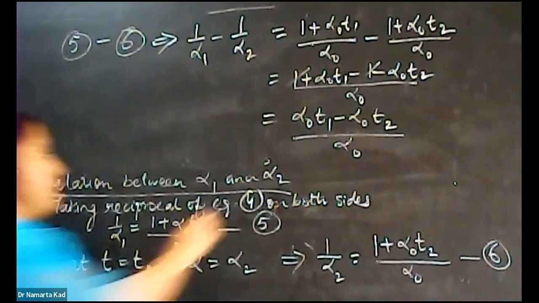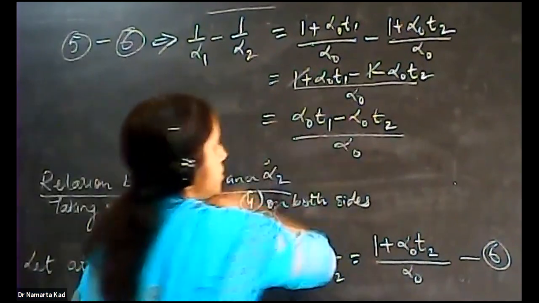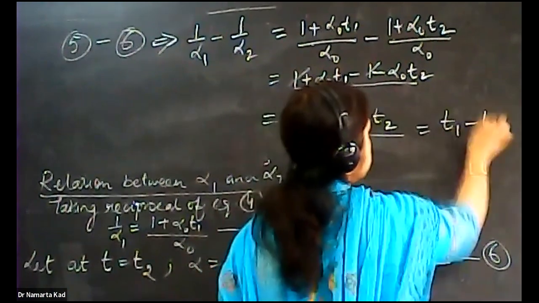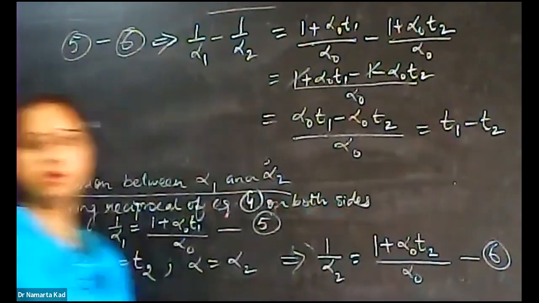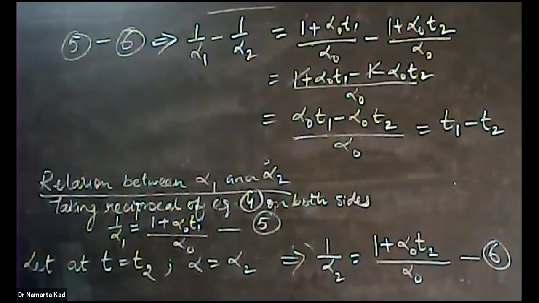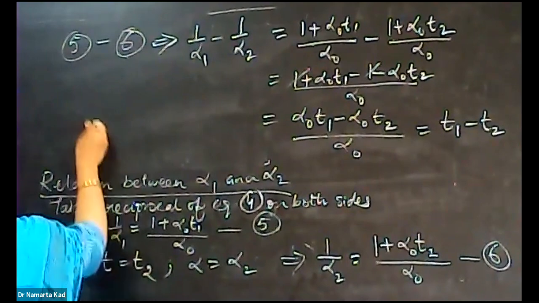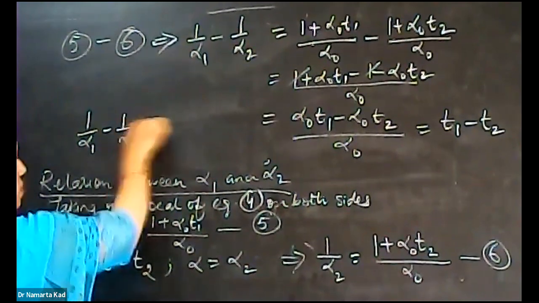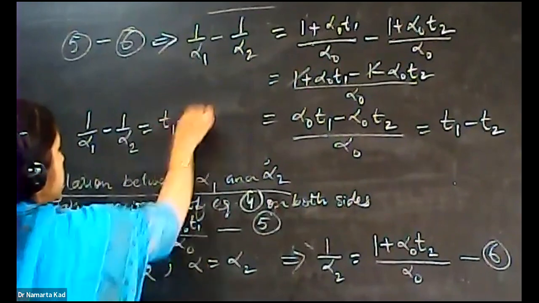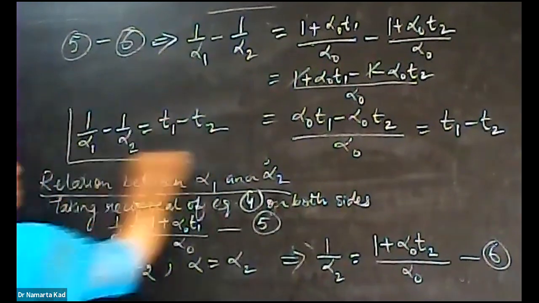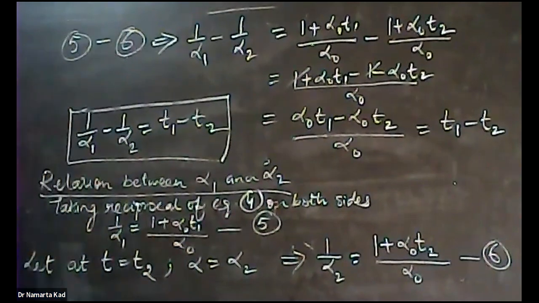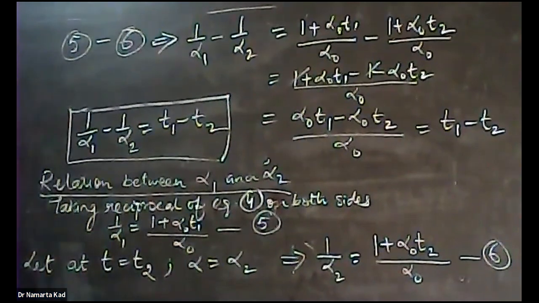Upon again solving, taking alpha naught common, it again cancels out. So it comes out to be T1 minus T2. So the final formula for this derivation comes out to be 1 upon alpha 1 minus 1 upon alpha 2 is equal to T1 minus T2. So this is the relation between alpha 1 and alpha 2.